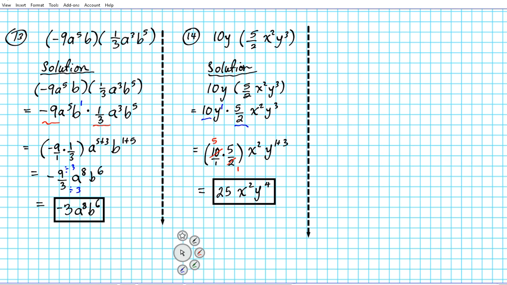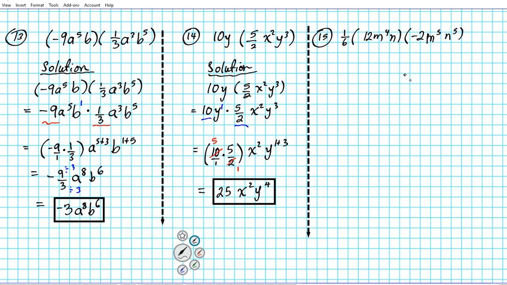All right, let's move on to the next one. Let's say we have to find the product of 1/6 times the quantity 12m to the fourth n times negative 2m to the fifth n to the fifth.